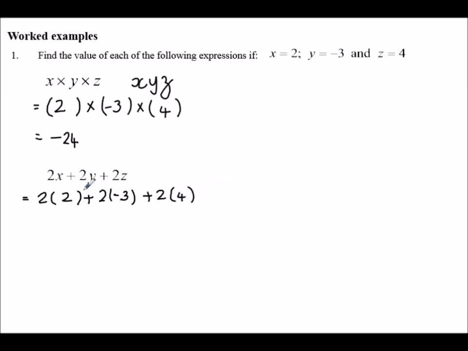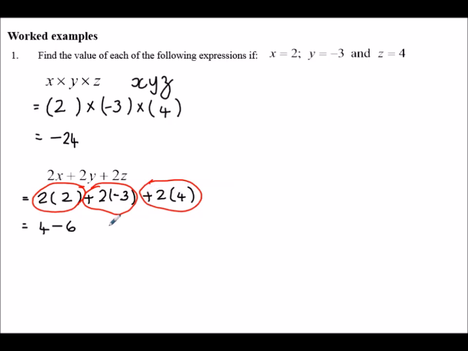Remember, good idea to circle your terms. So I'm going to simplify that. I'm going to simplify that. And I'm going to simplify that. Right, so 2 multiplied by 2 is 4. A positive multiplied by a negative is negative. 2 multiplied by 3 is 6.